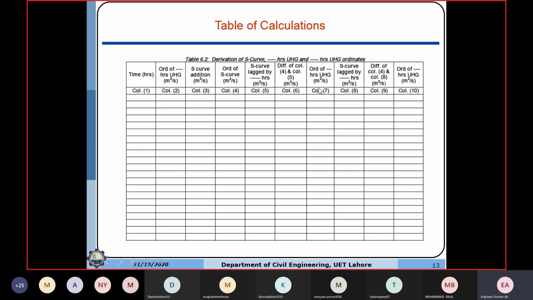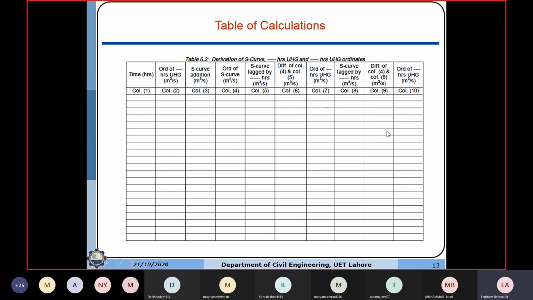Again you will take the difference of column number 4 and column number 8, that is the 4-hour S curve minus the 5-hour S curve. At the end, the ordinates of the 5-hour unit hydrograph will be column number 9 multiplied by 4, the given duration, divided by 5, the required duration. So this will give you the ordinates of the 5-hour unit hydrograph.